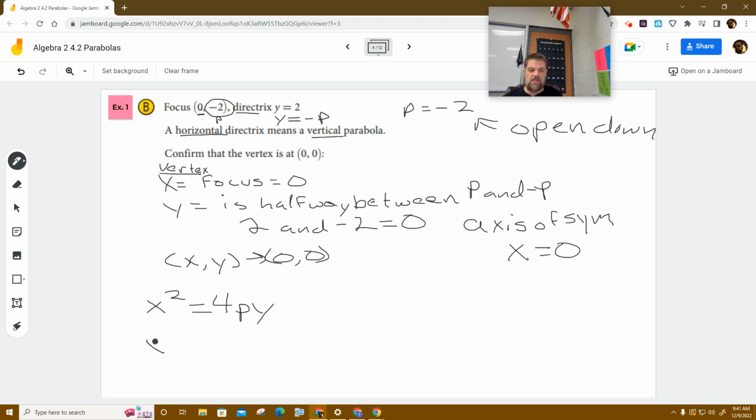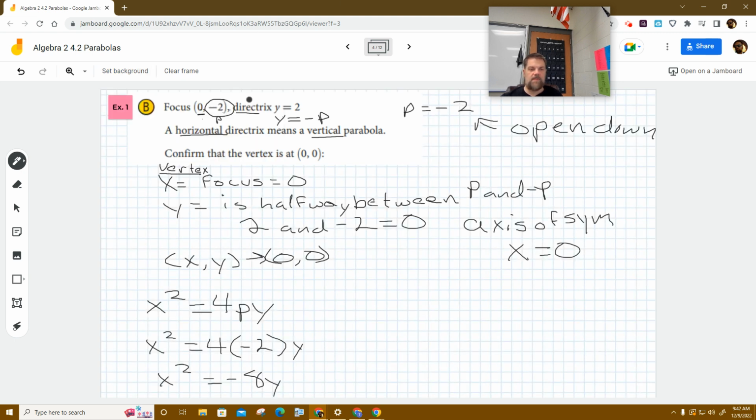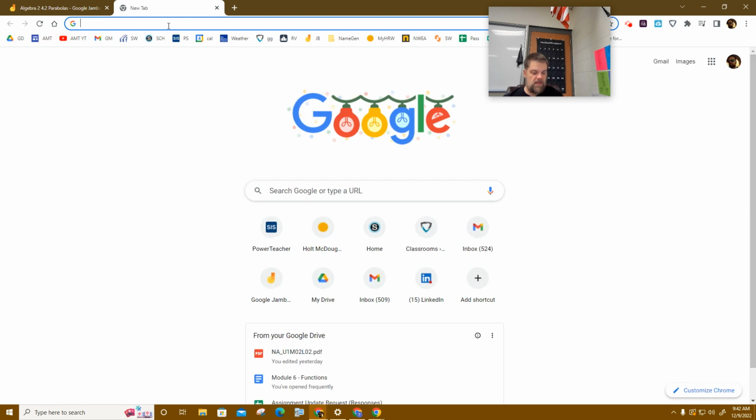So I know that x squared is going to equal 4 times p, which is negative 2, times y, or x squared equals negative 8y. All right? So if I wanted to graph this thing, I could come up with a table of values, right? In other words, I could work backwards. I could plug in a value for y and get x squared. Now, one other thing I want to show you, and then we'll double check with the answer in the back of the book.